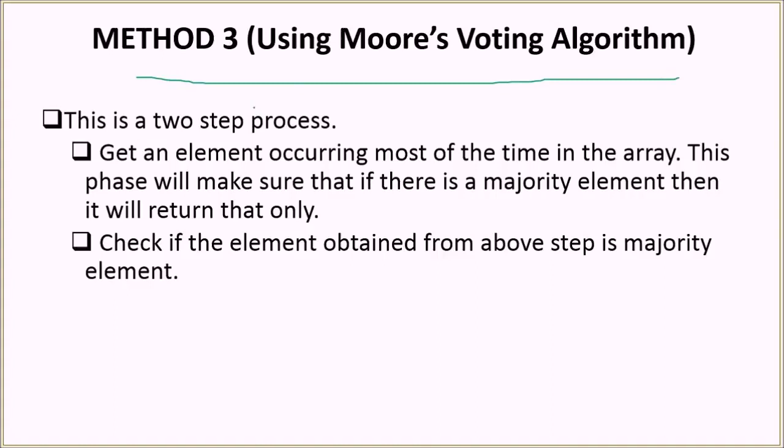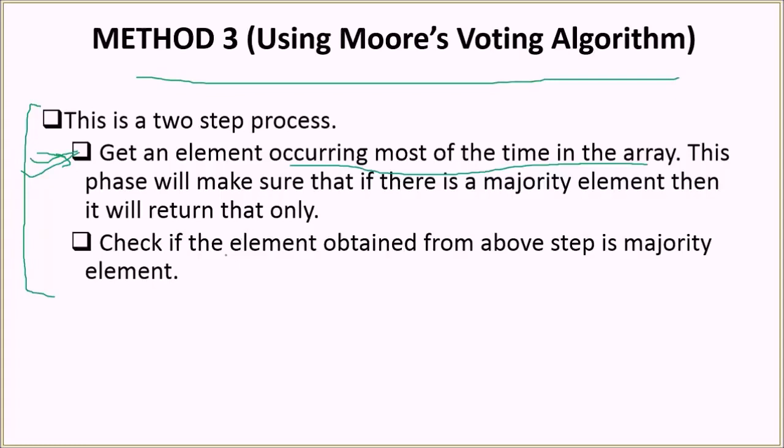So let's see what Moore's voting algorithm does. This will include basically two steps. The first step will be to get an element occurring the most number of times. By the end of this step of the algorithm, we will get at least one element which is occurring the most number of times.